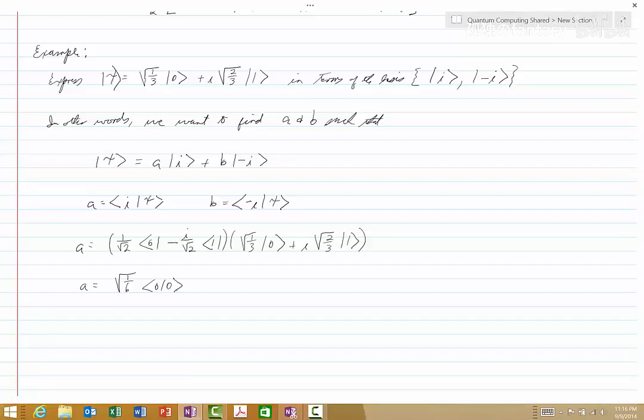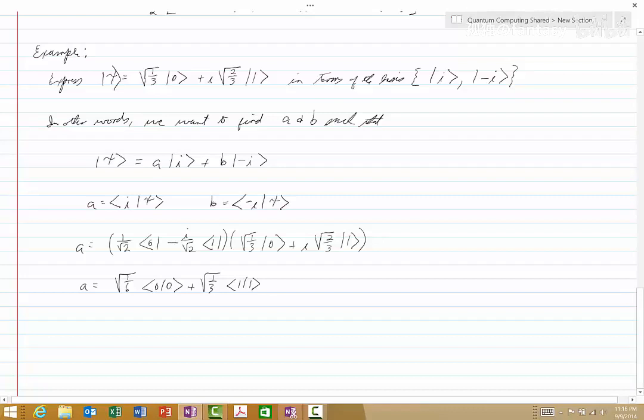And then the 1 1 term will be minus i over square root of 2 times i square root of 2/3. So we will get minus i times i is 1, so plus square root of 1/3 times 1 1.